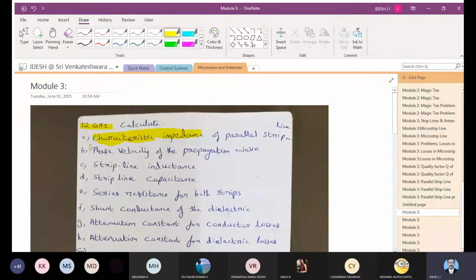Then the phase velocity of the propagating wave, strip line inductance, strip line capacitance, and series resistance of both strips R. Then the shunt conductance, the attenuation constant of conductor losses, and the attenuation constant of the dielectric losses. It will cover almost all the equations we have studied till now, and you will be using all of these equations here.